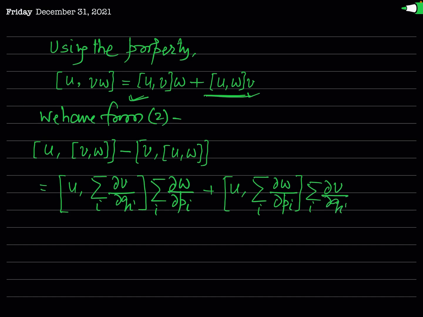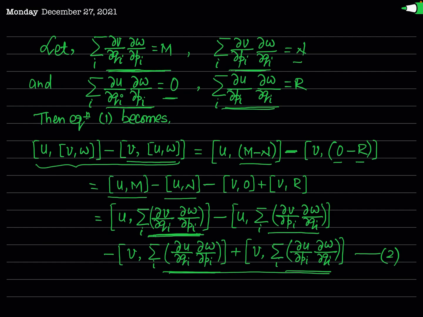You can easily recognize this equation by the use of this property which I have mentioned here. In fact, this expression has been written for the first term in RHS, you can see.